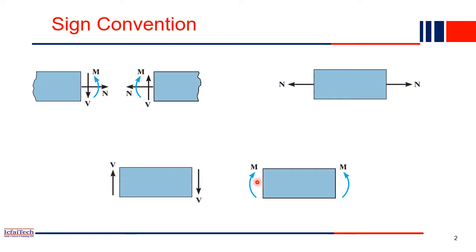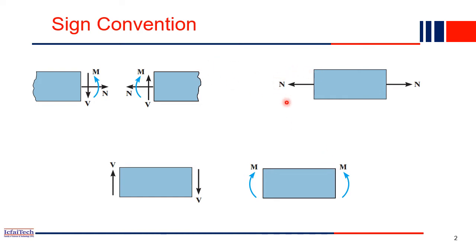Which one is positive moment? If a moment is applied to a body and the body is convex upside, so this is the direction, that may take a bowl shape where water can be held, so that shape we call positive.